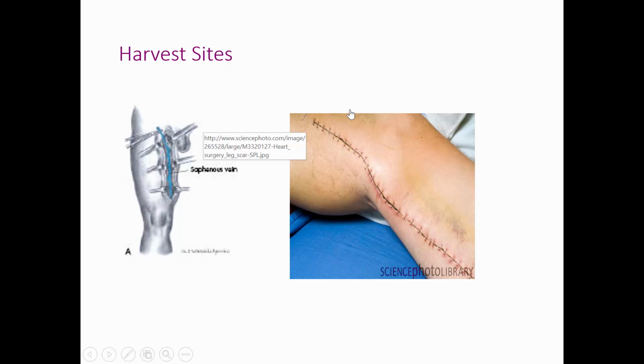Now, we have something we call a long incision, and this is a great example of a long incision. Typically, it starts a little bit above the knee, and it goes a little bit below the knee. So this is a long incision, and this is why we worry about dehiscence, because it is so long. We now like to use something we call a short incision. So essentially what happens, and we'll look over here at picture A, and I'll kind of show you. The PA, or the physician, makes a small incision up near the groin, and they clip the saphenous vein here.